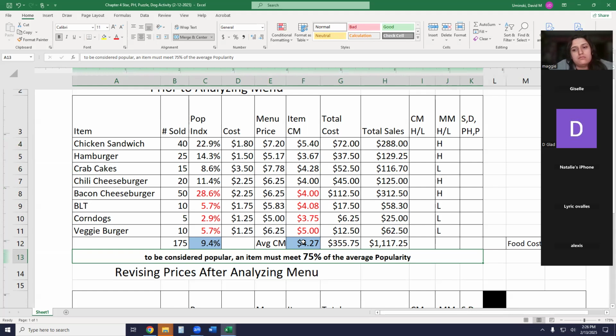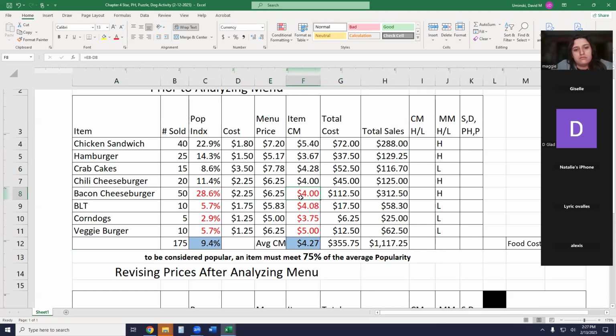Now, if you want to use Excel to do your homework, you can. You still have to know the formulas. Anytime you want Excel to do any math, you start with the equal sign. That's telling Excel, I want you to start doing something. I could type in 6.25 minus 2.25 and it gives me my answer of $4.